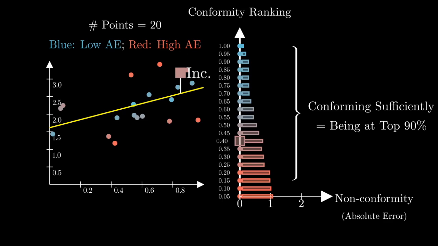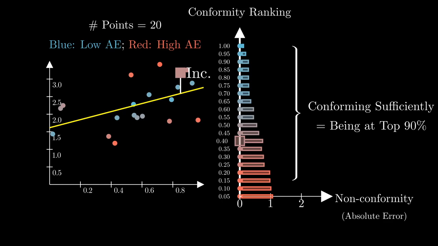Now, I will play an animation which will show how, as we try different plausible values for the square, in other words, as we move the square up and down, its position in the ladder changes. Pay attention to how the square moves up in the ladder when it gets closer to the OLS line in the left plot, and moves down in the ladder when it gets away from the line.